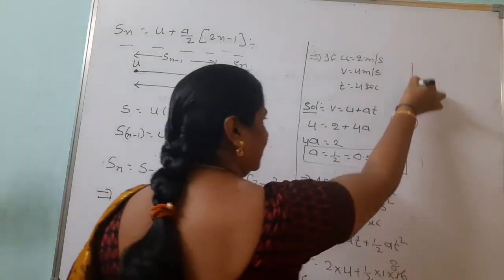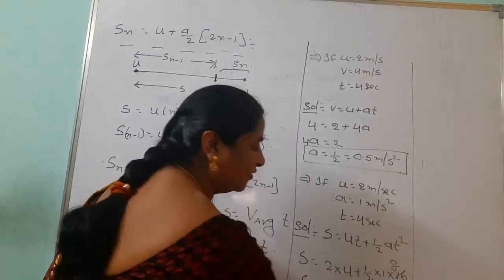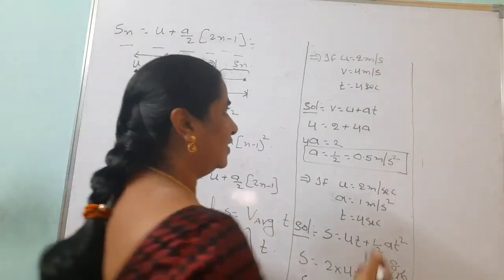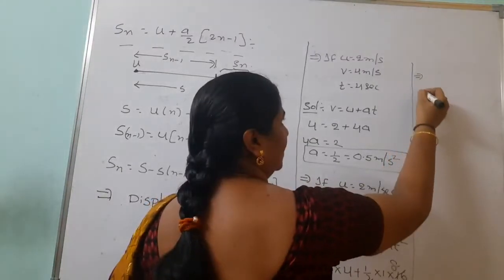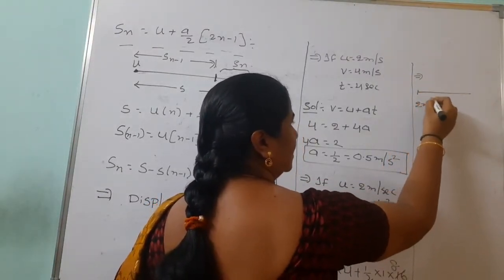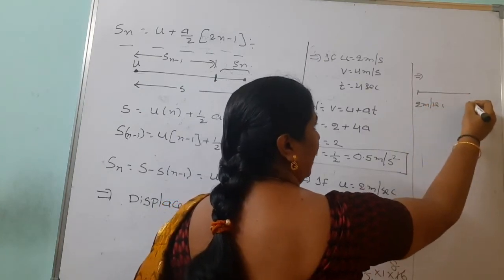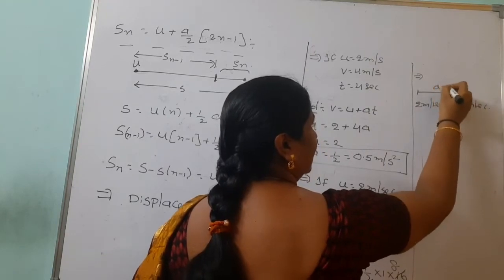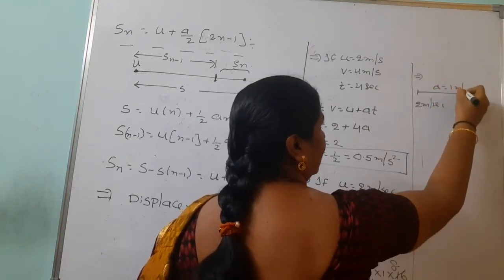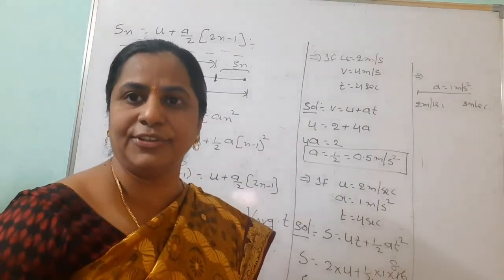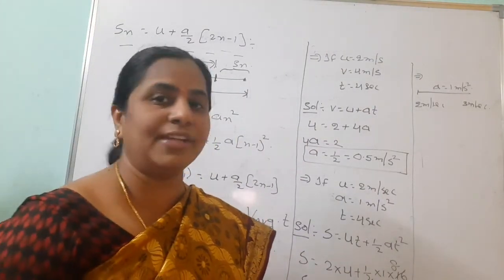This is the use of the second equation of motion, and these are very simple problems. And the third equation of motion, how to use this one? See, one body starts from 2 meters per second. Final velocity is 3 meters per second. Acceleration is 1 meter per second square. We know the initial velocity, the final velocity, and the acceleration.